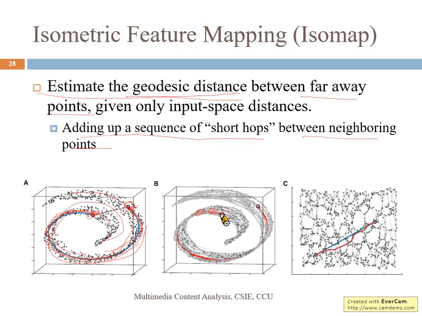So with a lot of short hops, we can jump from this data point to this one. Theoretically, the geodesic distance from here to here is the distance of the blue line. But with a lot of short hops, we can approximate this geodesic distance based on this red curve.